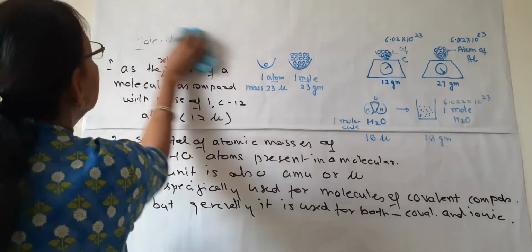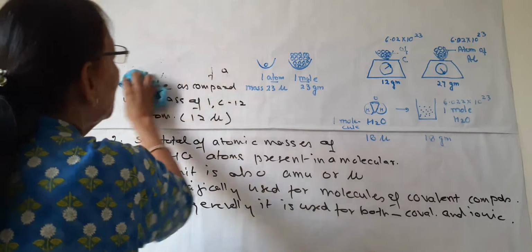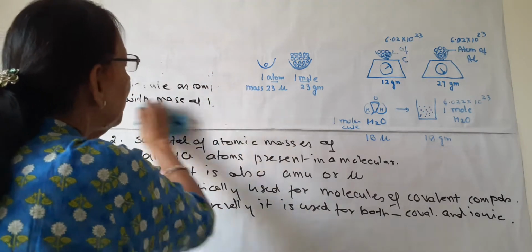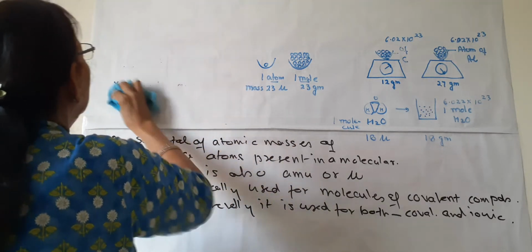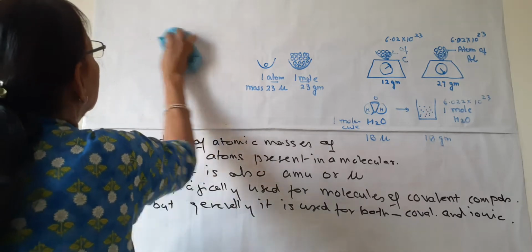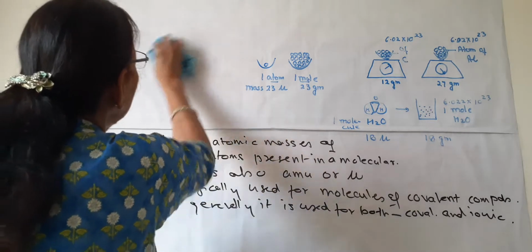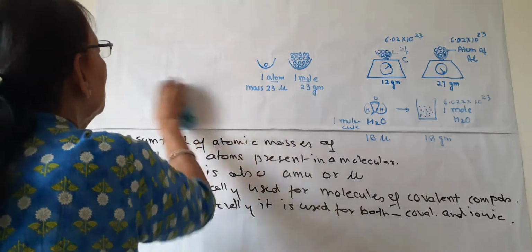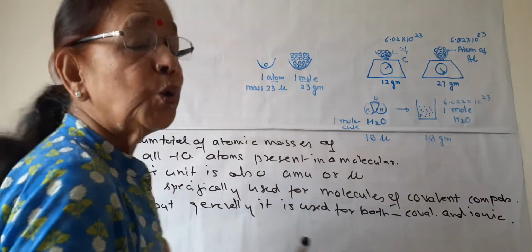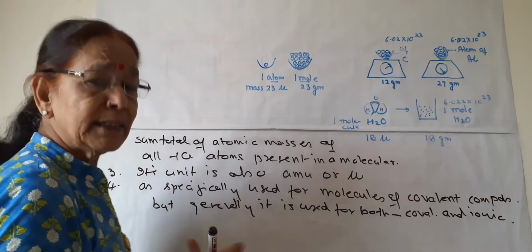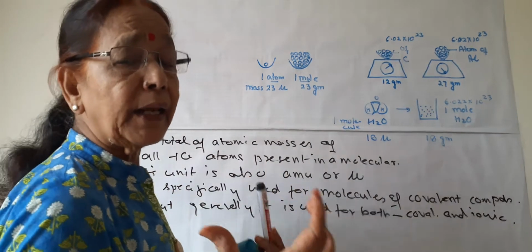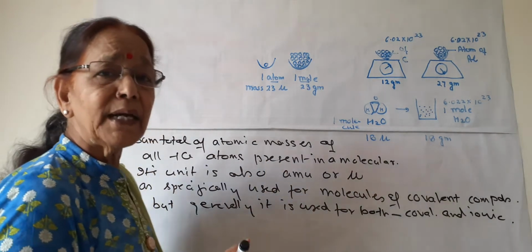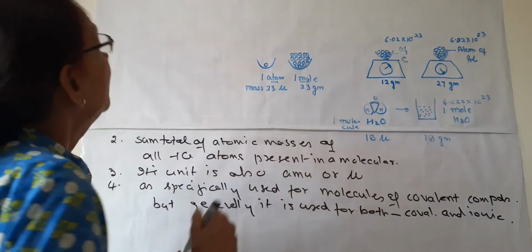Now we will see some examples of molecular mass and calculate it. All of you know what a molecule is. A molecule is formed by the combination of two or more elements, bound by chemical forces in a chemical reaction.